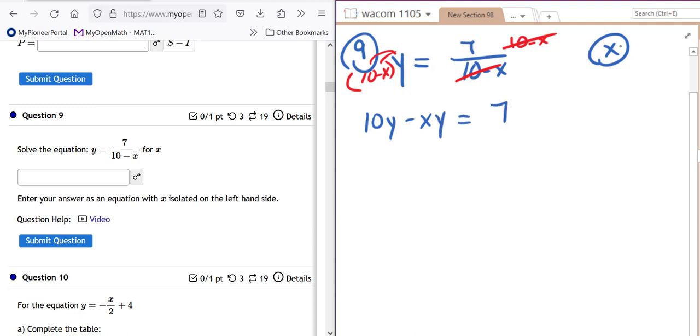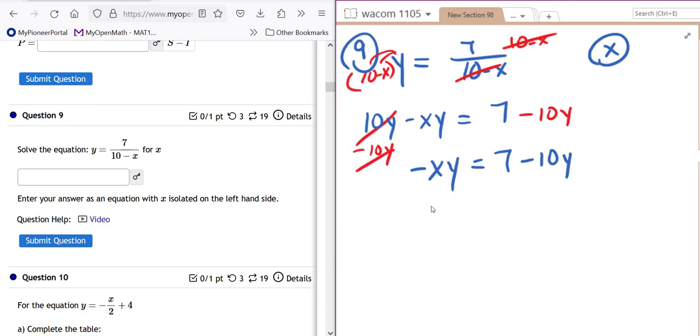Now, we're trying to isolate x. So we go on that side, and first we'll take off the 10y. So minus 10y, minus 10y. And we have negative xy equals 7 minus 10y, right? And we want x. So I'm going to divide by a negative y.